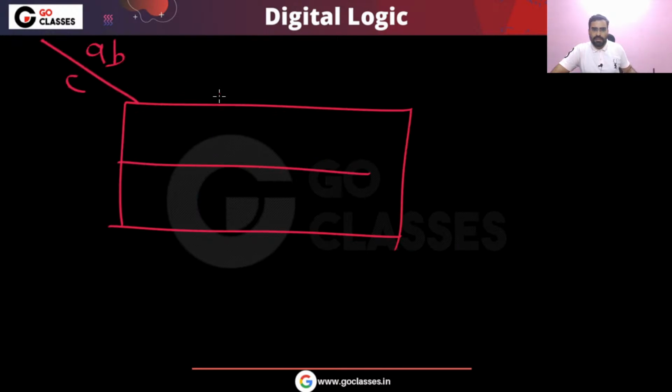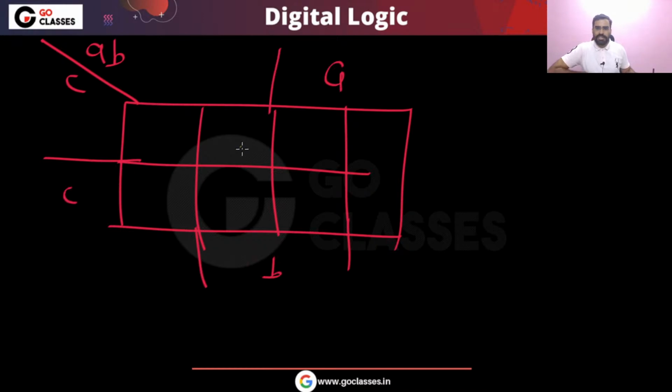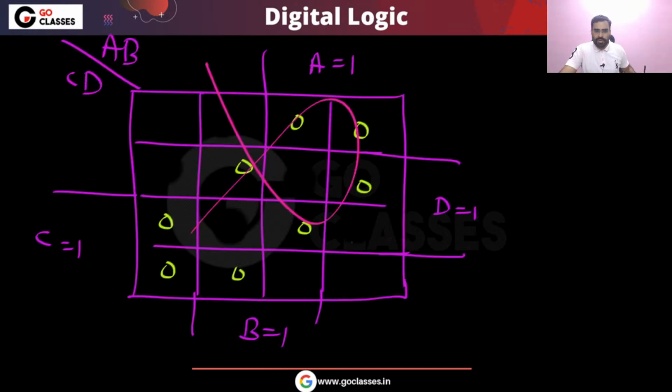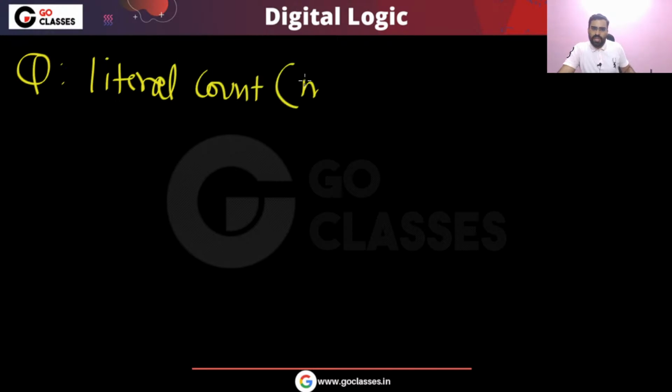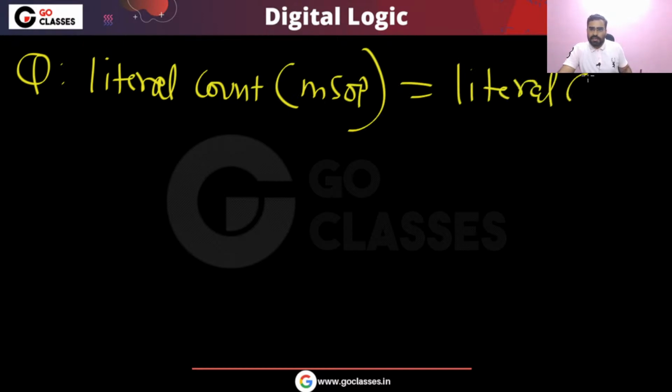Remember these things. If you have minimum POS, can you guarantee you have minimum SOP? This is my question. Can I say the literal count of minimum SOP is the same as the literal count of minimum POS?